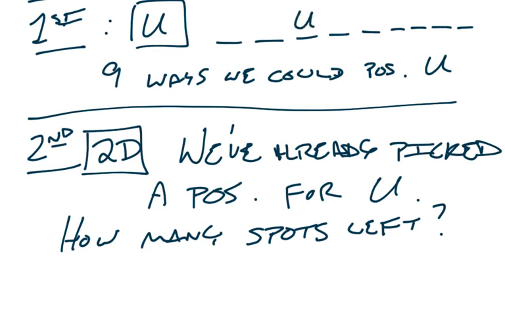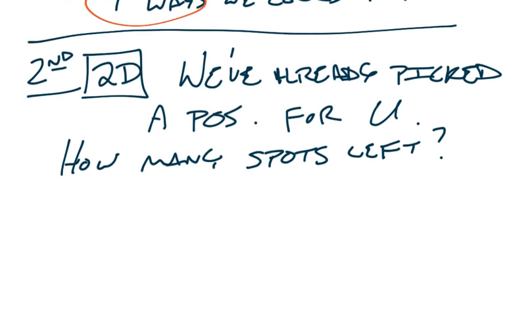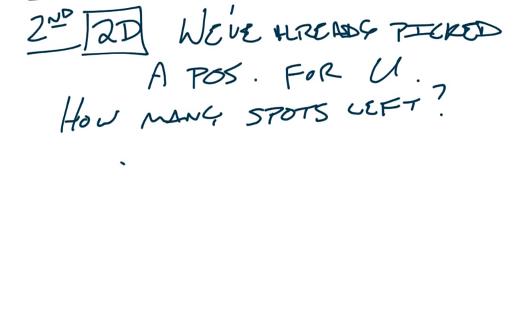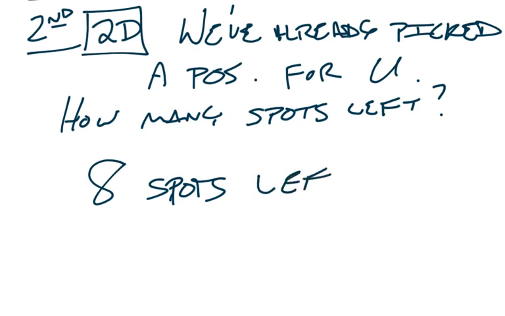Let's say we pick that the uppercase is going to go in the 3rd position, the 3rd character in this password. Well, that leaves, let's just count them, 1, 2, 3, 4, 5, 6, 7, 8 left. We didn't really need to count that out. There are 9 spots, that's 9 ways that it could be chosen initially. We've picked one of them to be an uppercase letter. That leaves us with 8 spots left available for 2 digits.